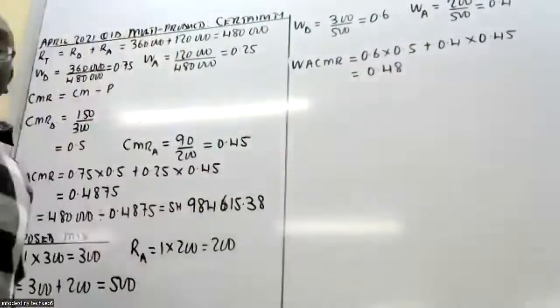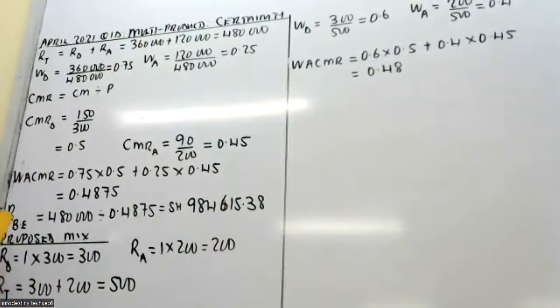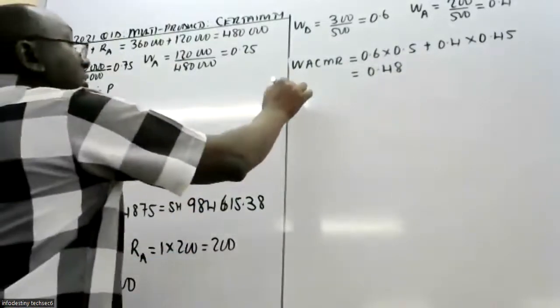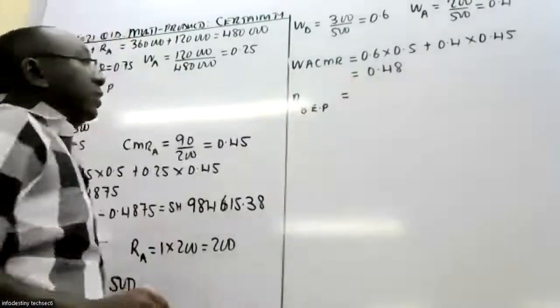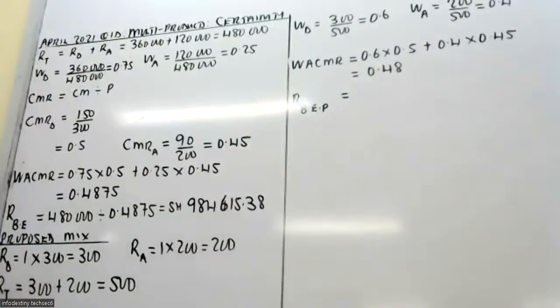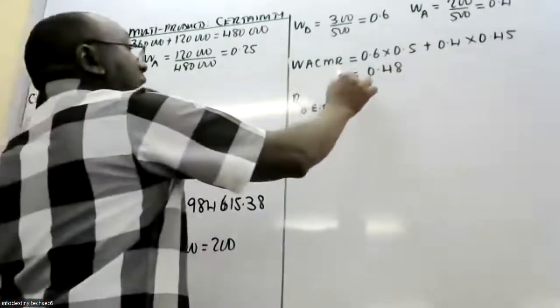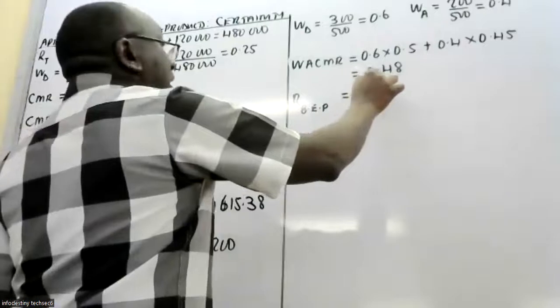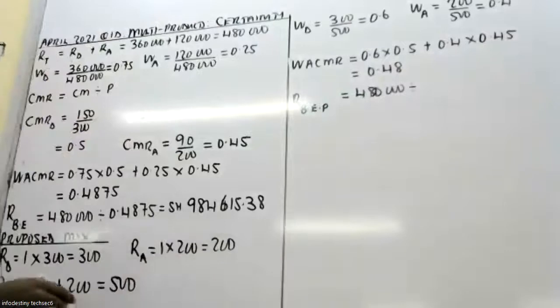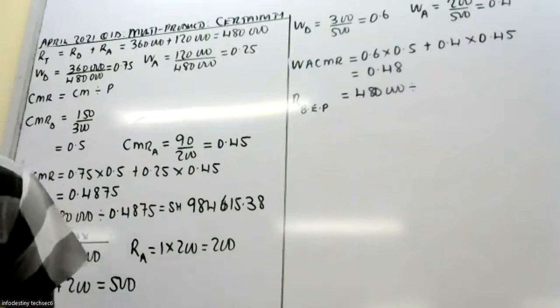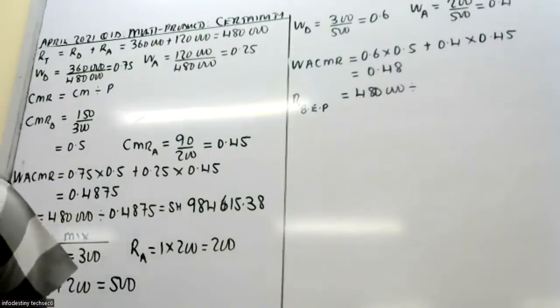So with that, we have everything we require for us to get the R break-even point. The R break-even point, it is the fixed cost of 480,000. Equal 480. Foite itoka wapi?